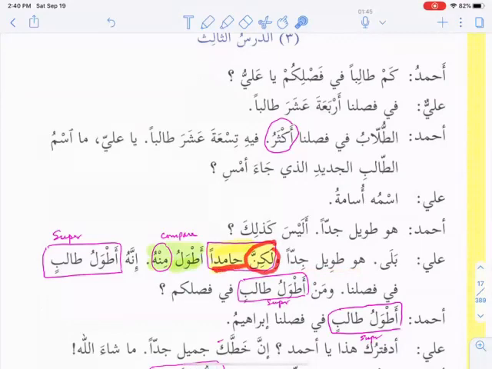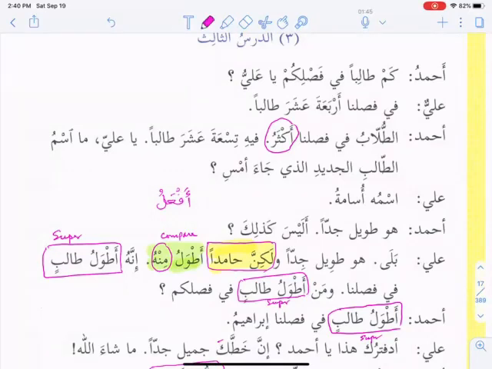Hamidan, lakinna, hamidan, atwalu minhu. Now, this is the comparative degree. Atwalu. When the thing comes on the pattern of af'alu, brothers, that is the pattern of indicating comparative or superlative degree.